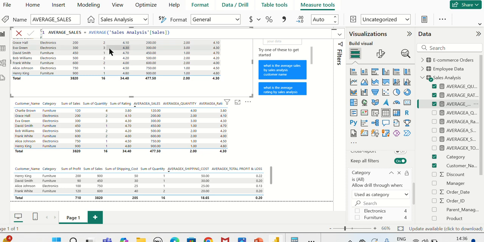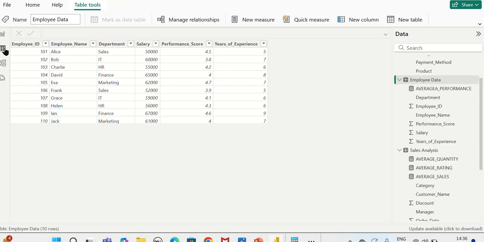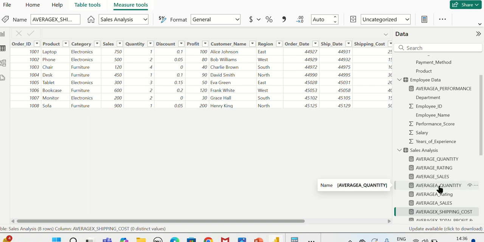If we want to know the average of sales, we calculate all the sales in this table. I'll show you from the table as well. This is the sales table.